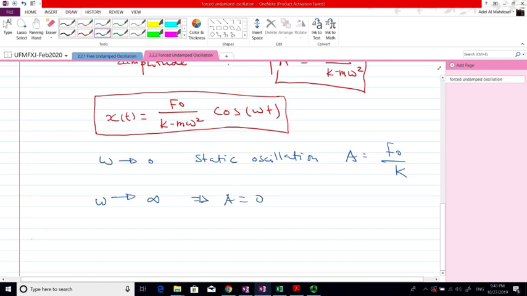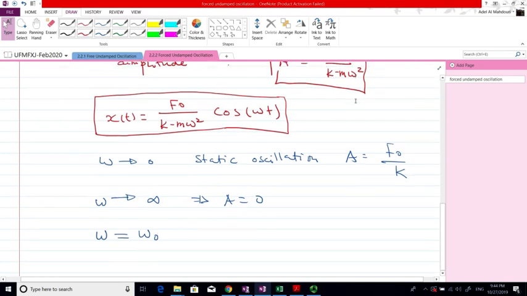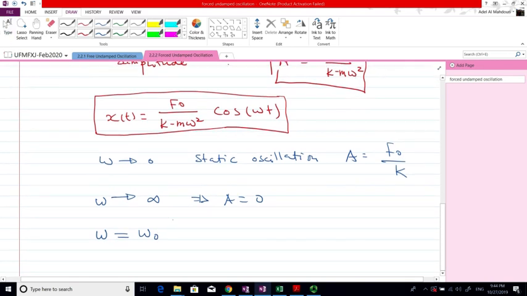Finally, if the applied angular frequency is equal to the natural frequency of the system, then what will happen? If omega is approaching omega naught, we'll have a peak, and that peak is the maximum amplitude. Therefore, the maximum amplitude will be plus or minus infinity.